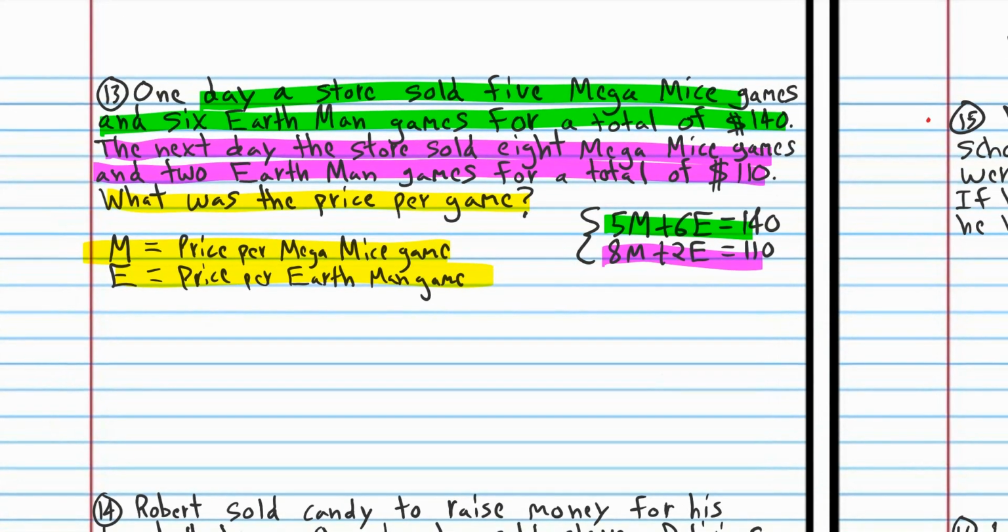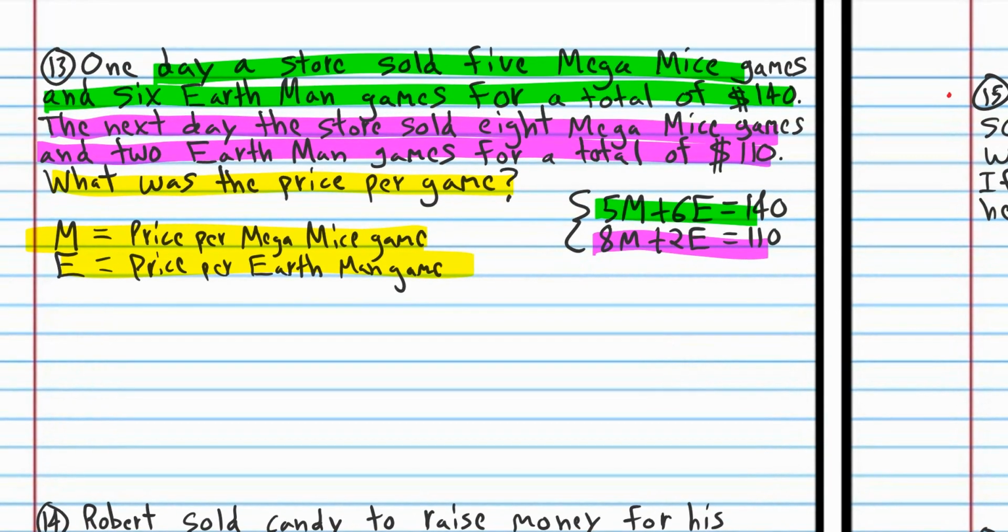So in this system, we're only going to have to multiply one equation. We can multiply the bottom equation by -3, because that will give us a -6 here, and then we can eliminate the E's. So I'm just going to rewrite the top equation. In the bottom equation, we get -24M minus 6E equals -330.